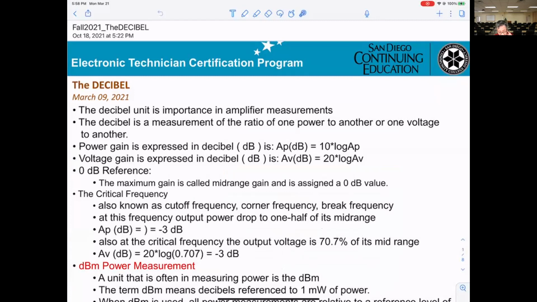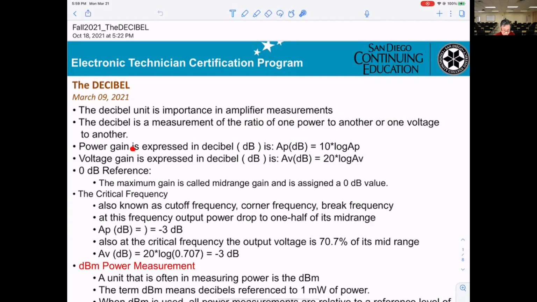So the decibel unit is important in amplifier measurement. The decibel is a measurement of the ratio of one power to another, or one voltage to another, or one current to the other.